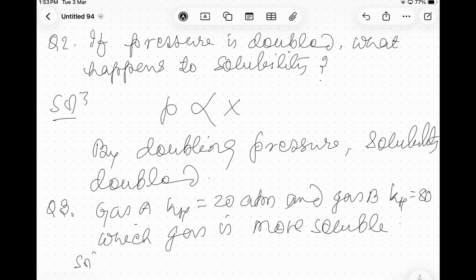Answer is simple. Solubility is inversely proportional to KH at constant pressure. So what happens?